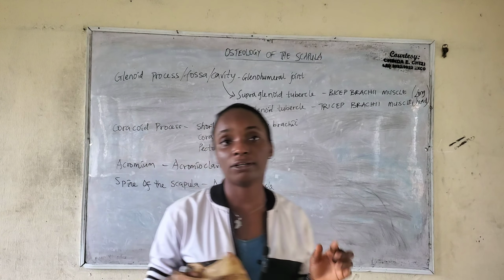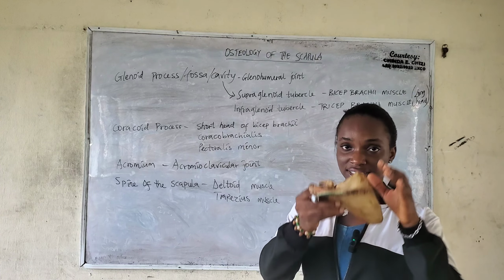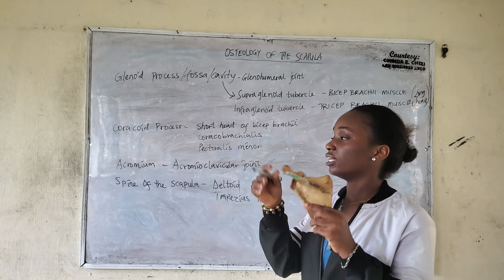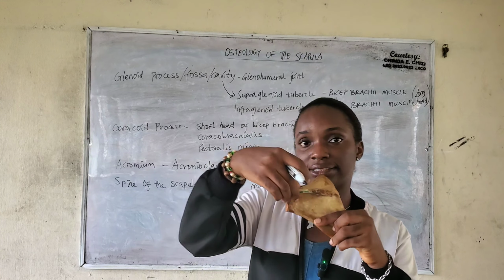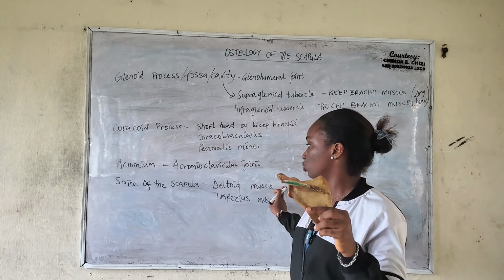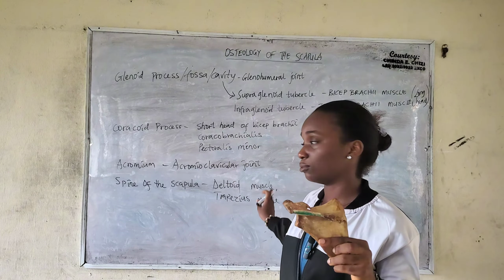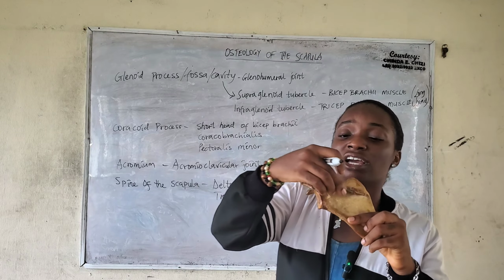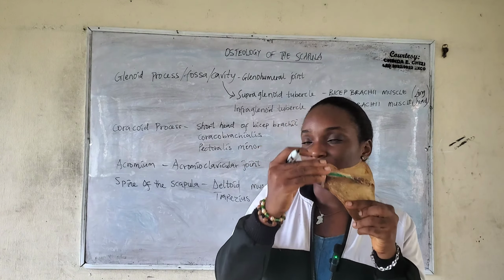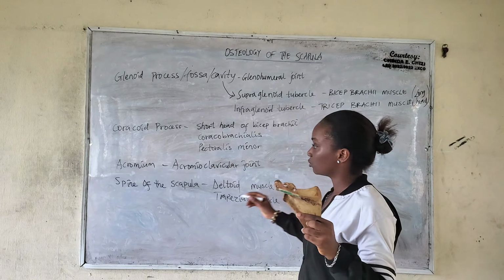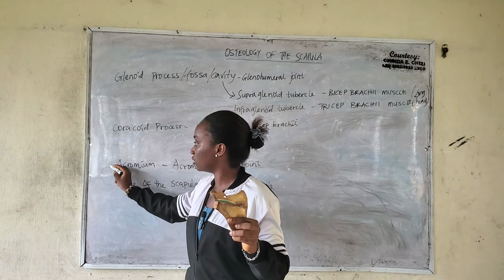We've already talked about the spine of the scapula that divides the posterior surface into two. Two important muscles attach to this spine, the deltoid muscle and the trapezius muscle. Please don't forget. And don't forget that this spine of the scapula terminates at its apex, which is known as the acromion. So these two are related.